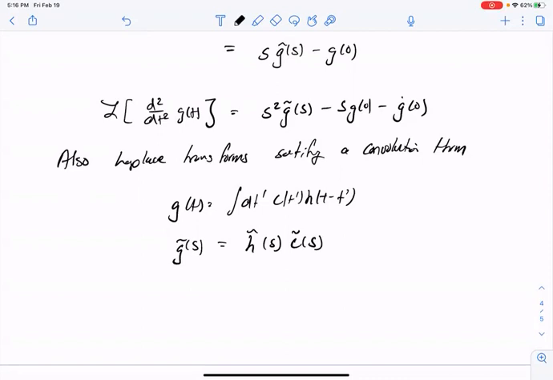Exactly as it works in Fourier transforms.